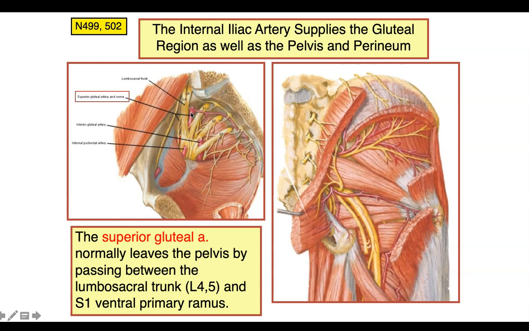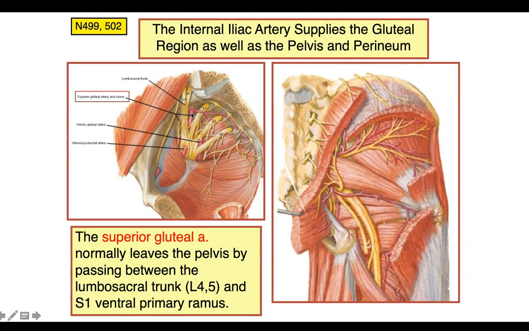These arteries, you can see here, lie in between the nerves of the sacral plexus. You can see this is L4, L5, called the lumbosacral trunk. Here is S1, S2, S3.